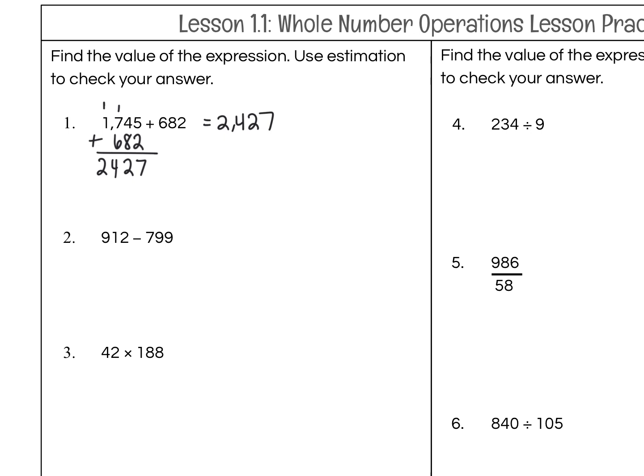So I could say 1,700 plus 700. Or I could do 1,745 and round that up to 2,000, and if I rounded 682 up to 1,000, 2,000 plus 1,000 would be 3,000. Is this answer reasonable if I was rounding both of these numbers up and got an answer of 3,000? Yeah, it's reasonable. Okay, just checking for reasonableness.